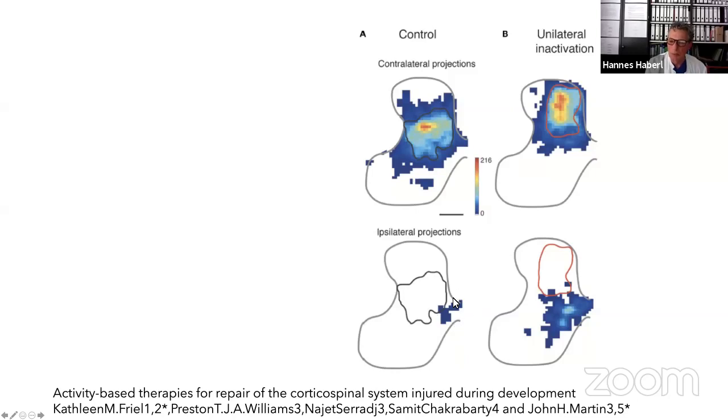Projection. This is the normal ipsilateral projection. This is an enormous expansion after an injury. So with this representation, incoming sensory information is connected to completely different axons, triggering aberrant motor responses along the whole spinal cord.